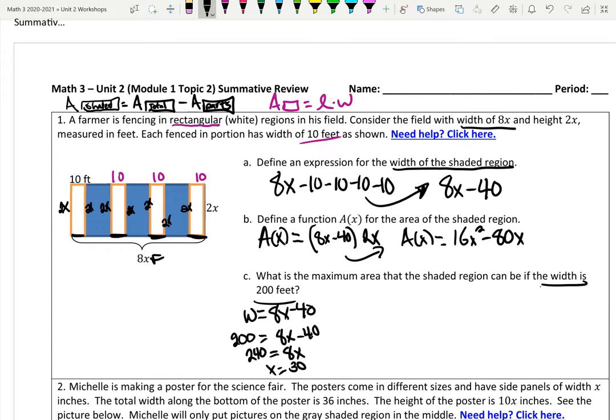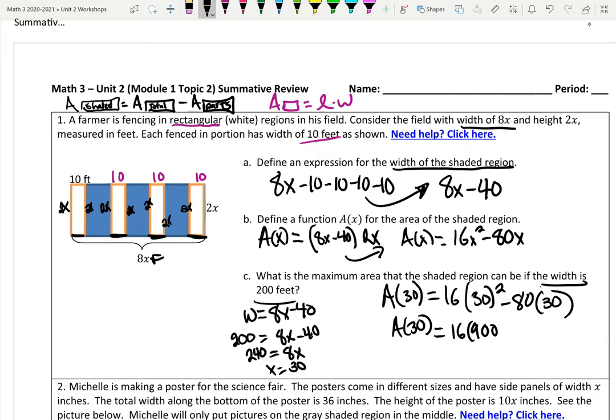So I need to find the maximum area. Well, my area is a function where I need to put x in. I just found this x value, so I'm going to substitute it in. All right, the output is going to result in the maximum. And then go ahead and finish it for yourself.